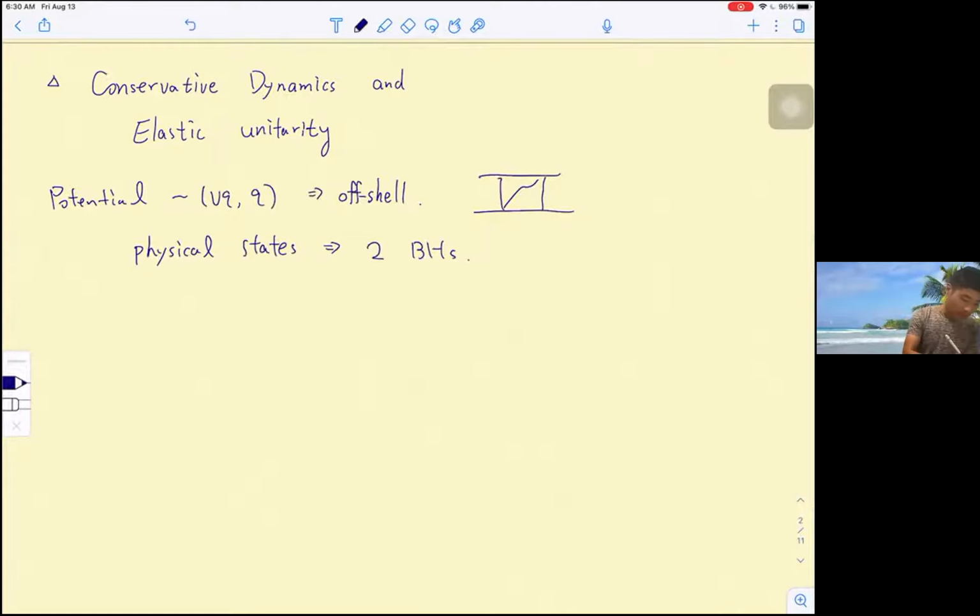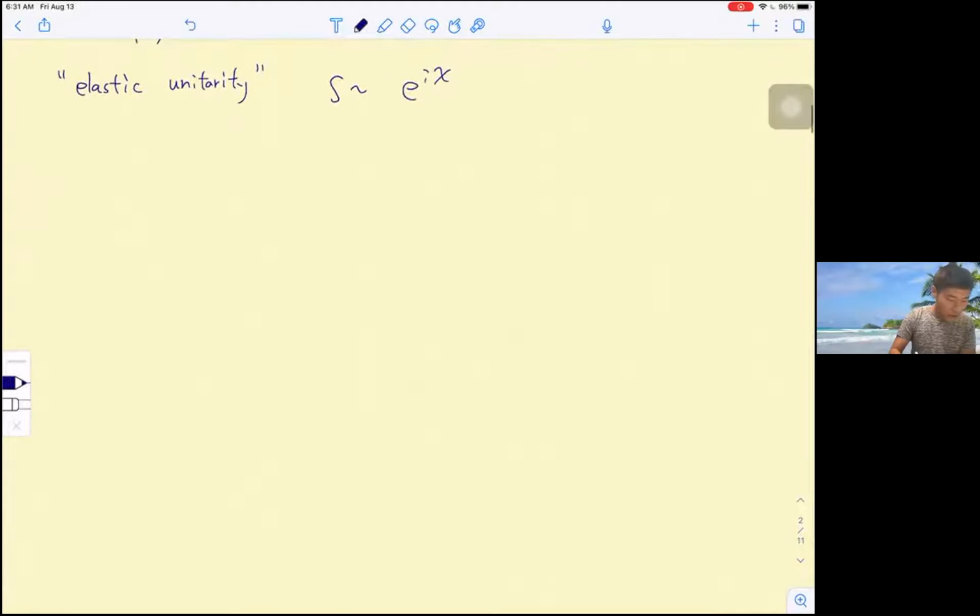So that means that the theory actually has elastic unitarity, in the sense that the S matrix should be an exponential, which is just given by this two heavy black hole state, when we consider all the interaction given by potential. So there are two different statements in the literature.